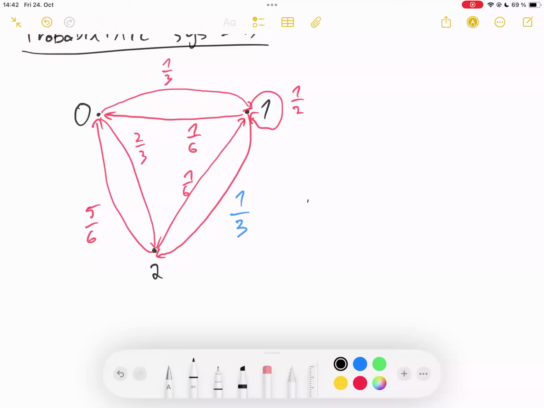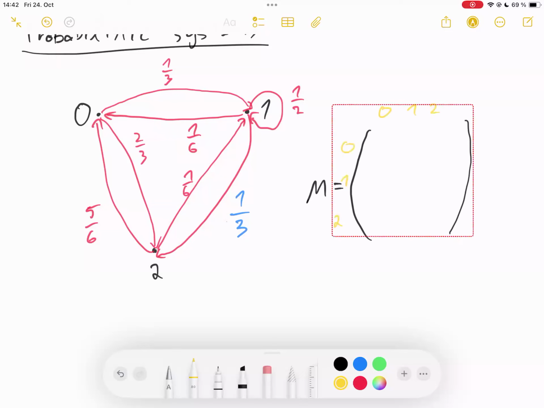So we can say we have a matrix M. We're using the same approach as before, and I'm putting these comments here so we're all on the same page about what these rows and columns mean. We have incoming edges to node 0 from 1 and 2.